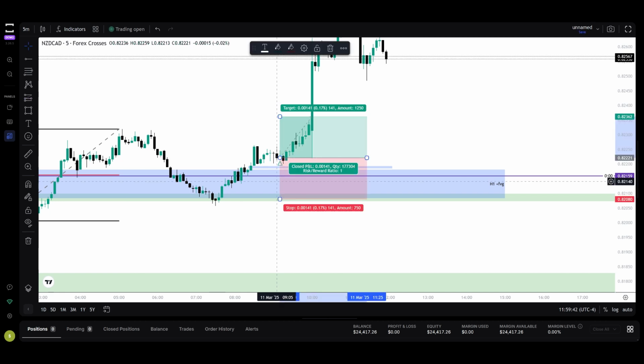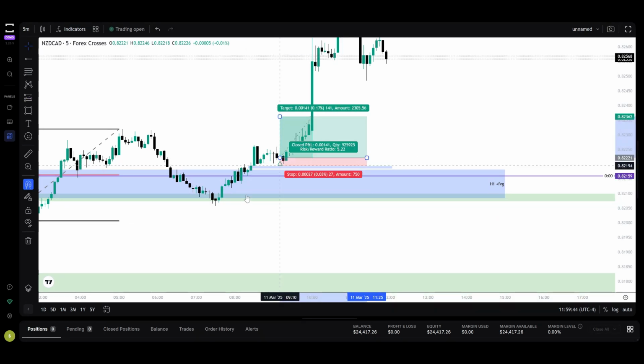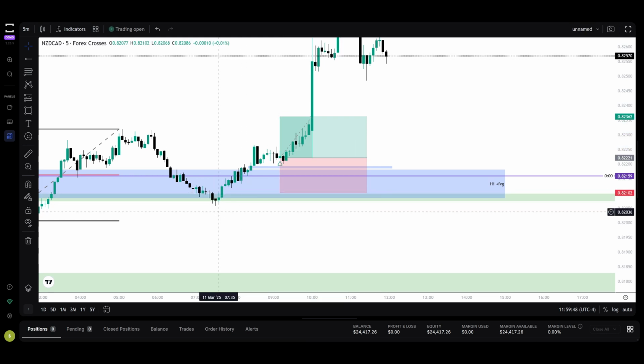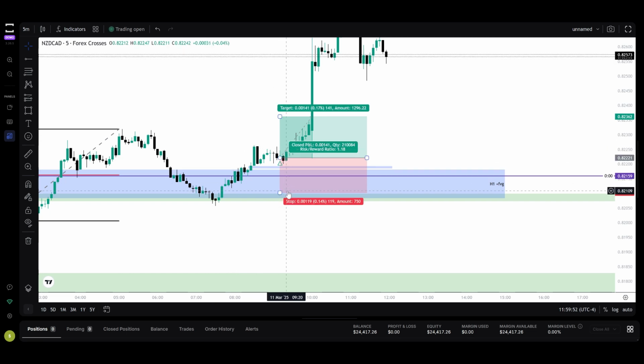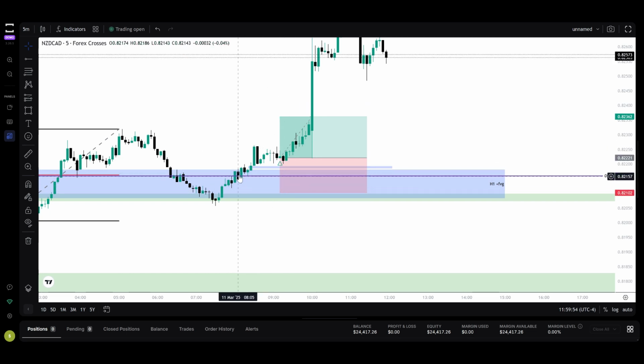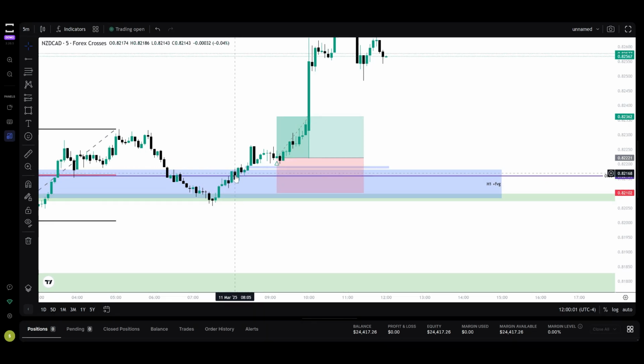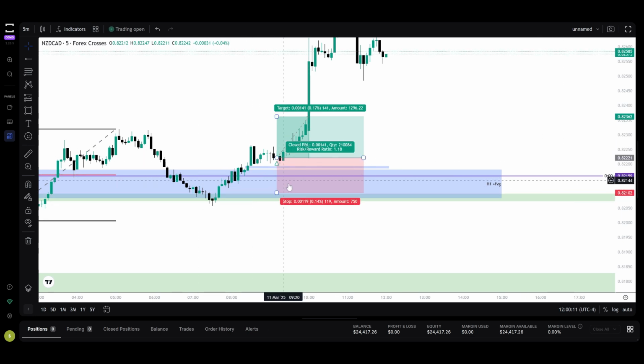Now, I entered in right there, and then I had my stop loss right there. I didn't put it all the way down below this low because I was like, if it's going to come all the way back down here, I don't believe it's going to take out this. It's almost like a propulsion block. I'm expecting this to hold up primarily because we've already priced below our New York Midnight opening price, and it doesn't really have much reason to get down there again.